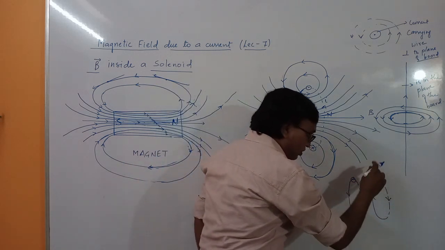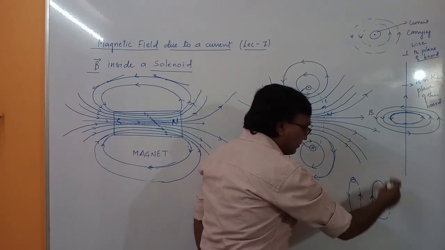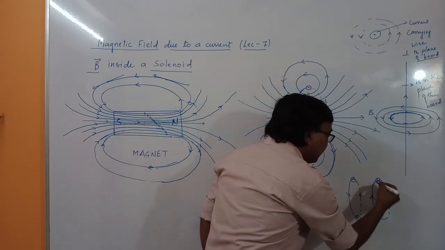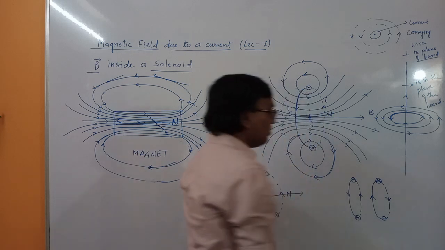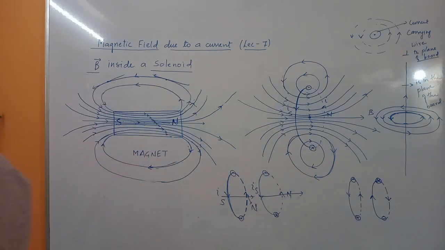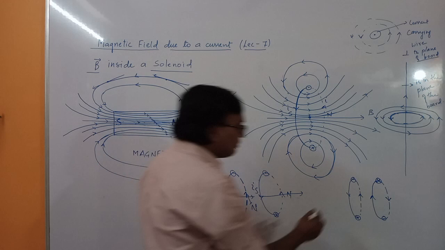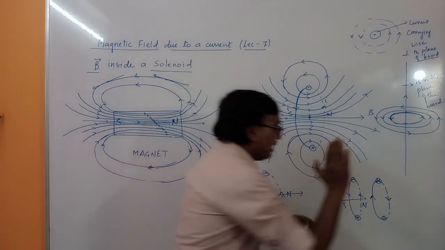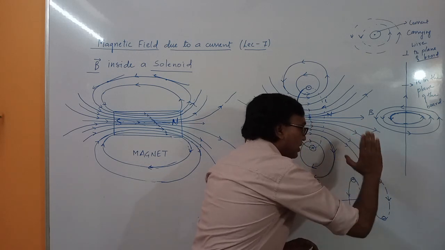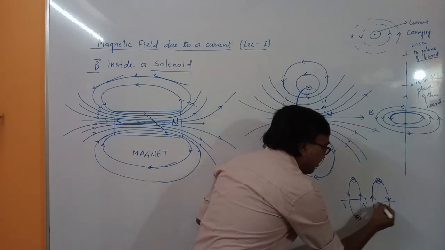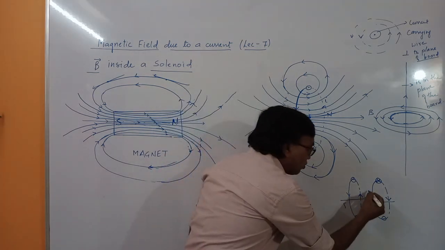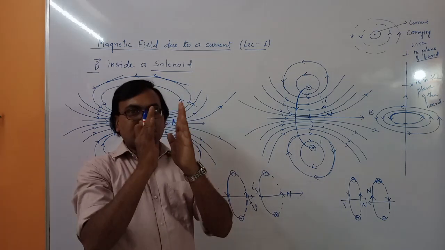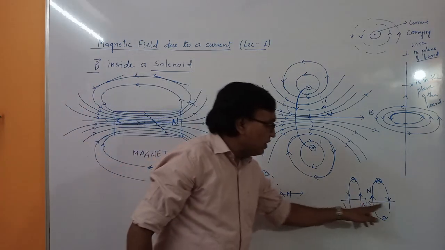So this will be north pole and this is south pole. And here the current is going inside the board, so the magnetic field will be along this direction. For this loop this will be north pole. So the north poles are facing each other, and there will be repulsion between these two loops.